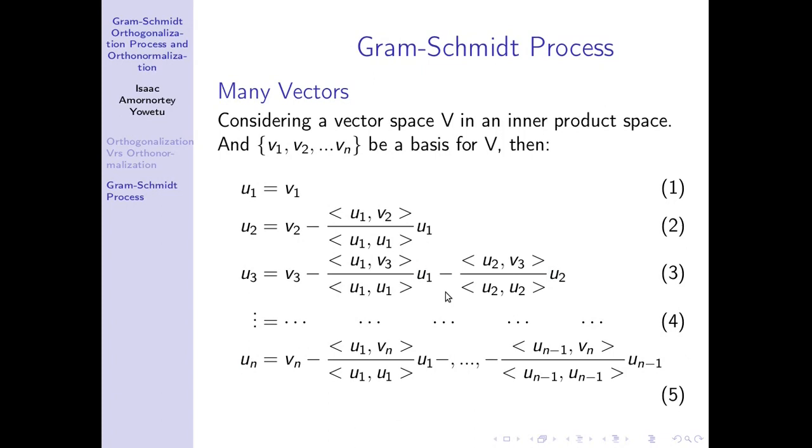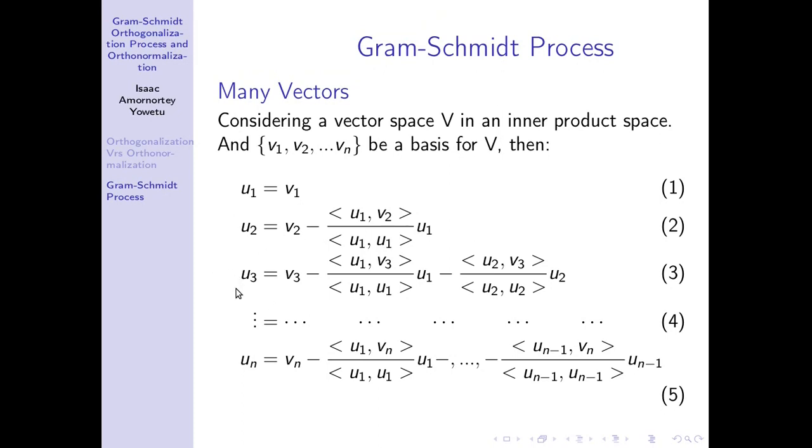So we want to look at the Gram-Schmidt process in general, under many vectors. Considering a vector space V in an inner product space, of which v1, v2, vn is a basis for V, we assign v1 to start this orthogonalization. We first assign v1 to u1, and then to get u2, we have v2 minus the projection of v2 onto u1.